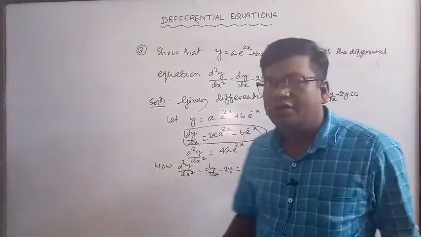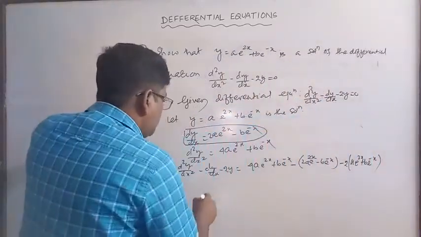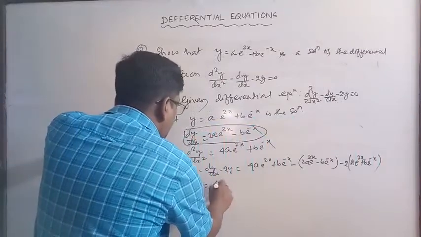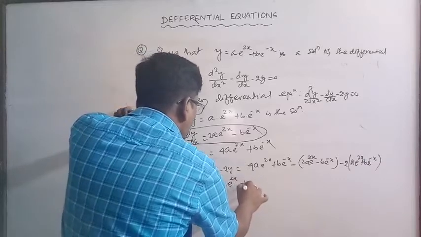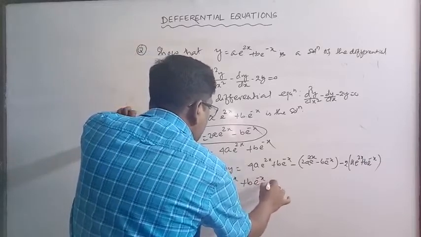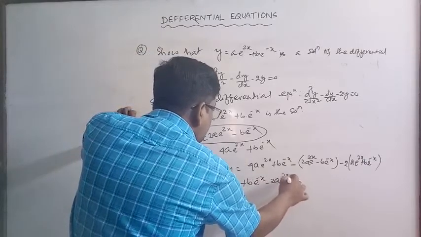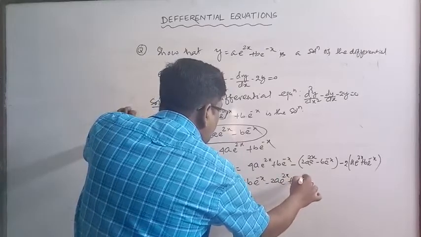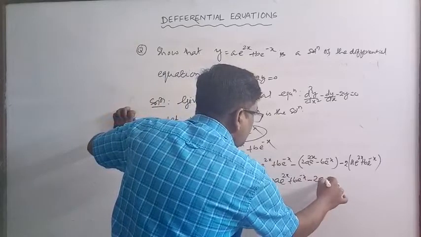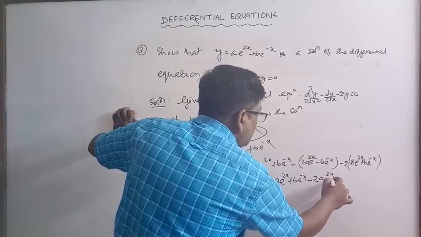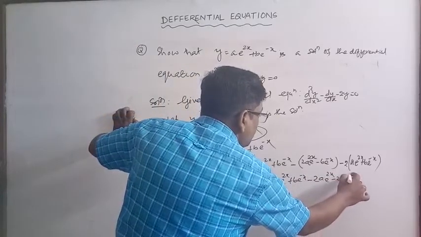So calculating this, that is equal to 4a e to the power 2x plus b into e to the minus x minus 2a e to the 2x plus b into e to the minus x minus 2a e to the 2x minus 2b e to the minus x.